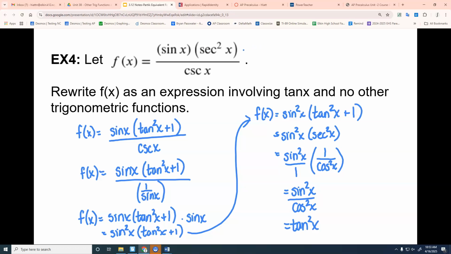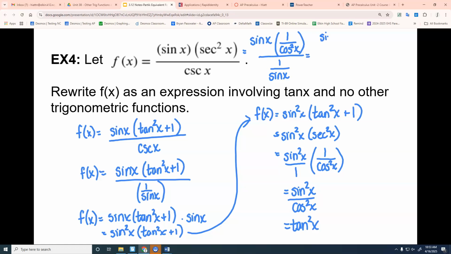So like if I did sine x times 1 over cosine squared x, over 1 over sine x, then I could multiply those top two together and do dividing fractions, easy as pie, flip the second and multiply.